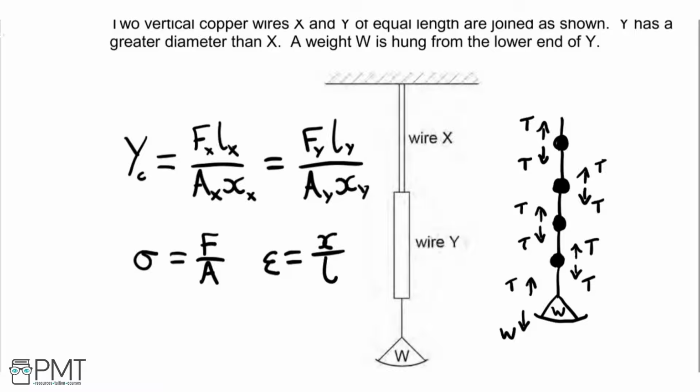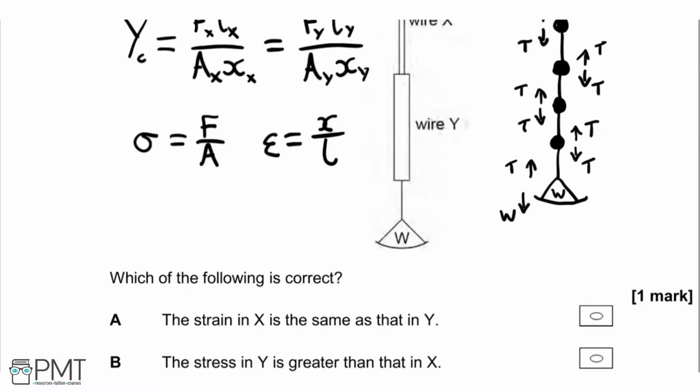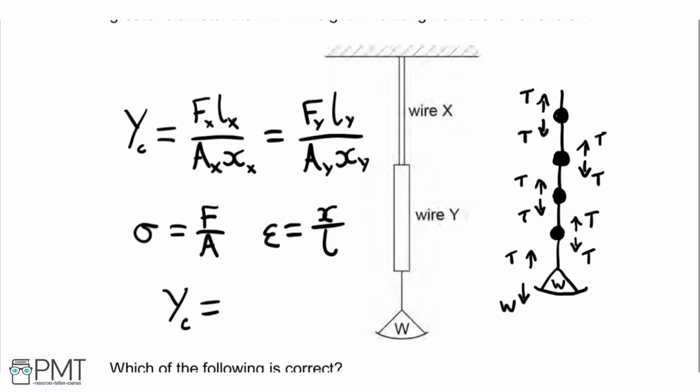So just looking at those other options. So the strain in X is the same as that in Y for option A. Well, if we look at what's actually happening in the diagram, the Young modulus is equal to stress divided by strain.